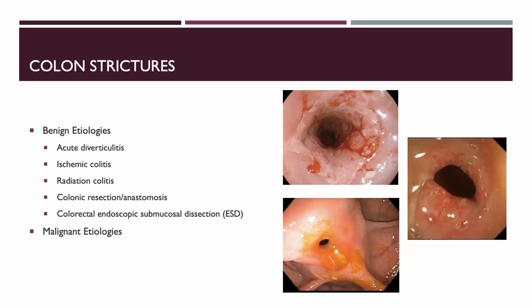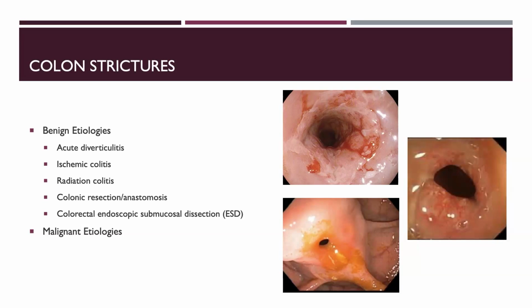So for example, when we're doing large endoscopic submucosal dissection, ESD, where we're taking a large high grade polyp or an early stage tumor and we're resecting it, if we're resecting more than half the circumference of the lumen, there runs the risk of potential stenosis. Again, this doesn't happen so often.